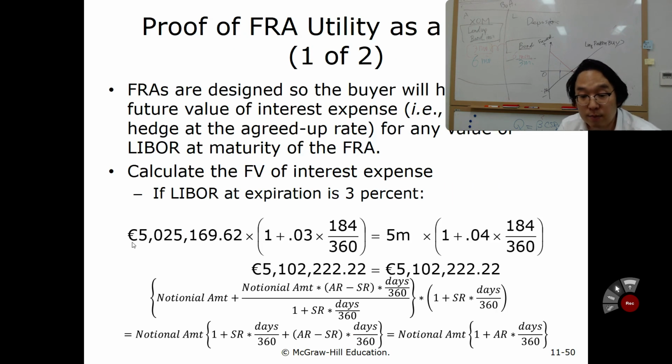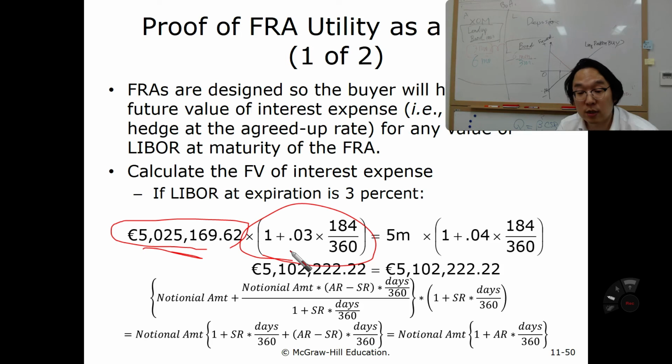And then plus the principal amount of 5 million. And then what's the future value of it using your SR, the settlement rate, going into the 6-month horizon. That's your left-hand side calculation.